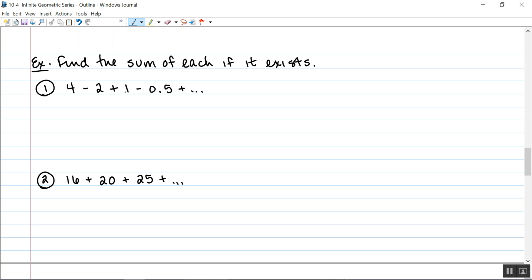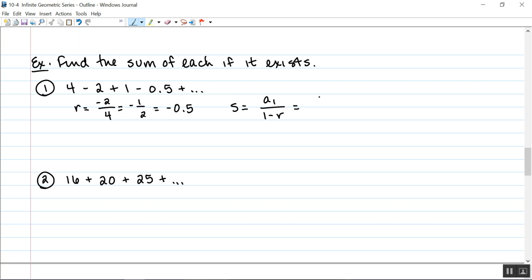We have 4 minus 2 plus 1 minus 1/2 plus so on. Let's find r. r is equal to our second term, which is negative 2, divided by 4, which is negative 1/2, or negative 0.5. So this sum does exist. Let's use our formula. S equals a sub 1 over 1 minus r.